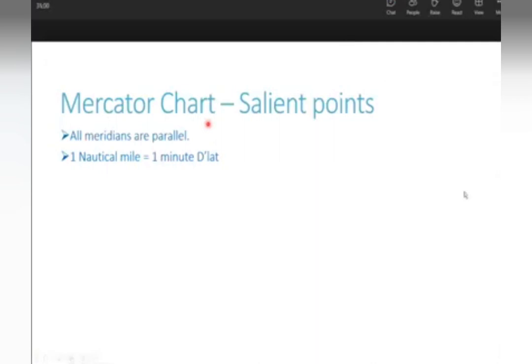Now, on a Mercator chart, all the meridians are parallel, and 1 nautical mile is equal to 1 minute of latitude. The distances are measured in nautical miles, or in other words, you can see that the scale of distance is same as the scale of latitude.